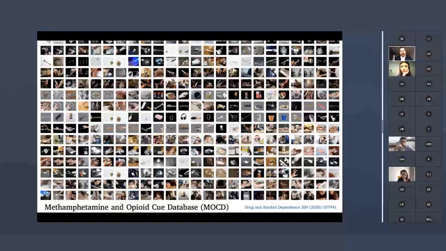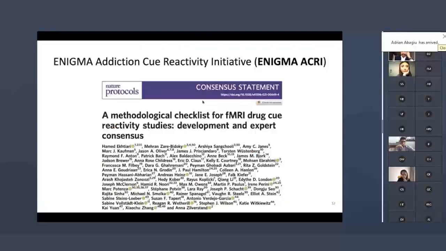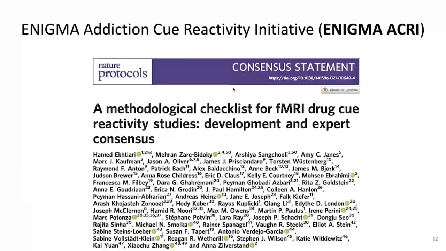We developed a series of cue databases that people can use, and there are already some other databases available. We recently put together a series of studies trying to see how we can use drug cue reactivity as a paradigm to provide a good contextual background for people who are going to be using brain stimulation interventions.